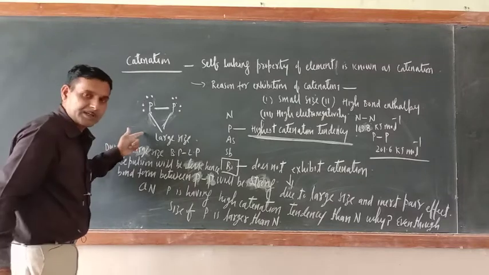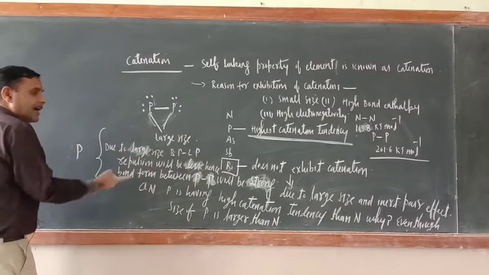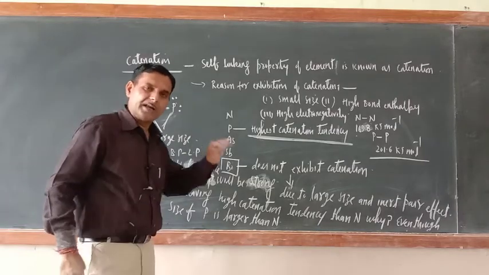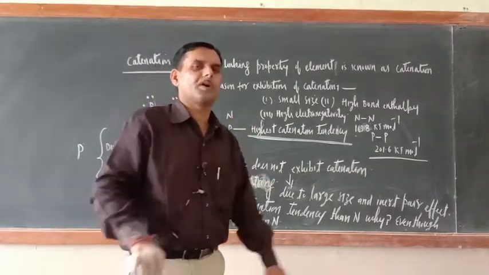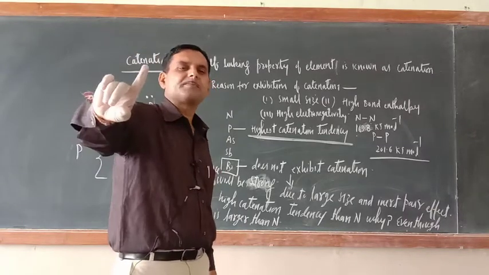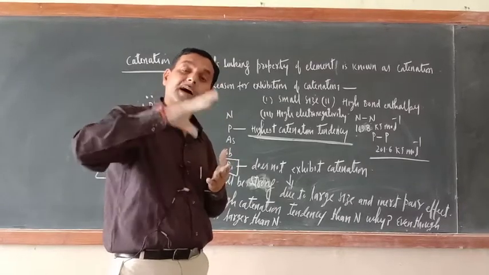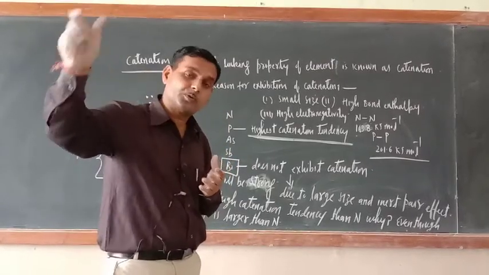Hence catenation property will be more. This is for the phosphorus and earlier was for the nitrogen. So I hope that you have got. Try to understand what is there. Catenation depends upon the strength of the bond formed between those elements.